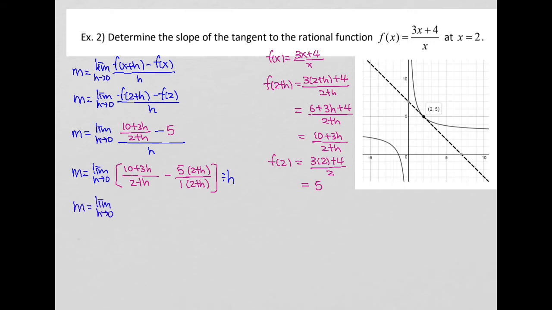The next step is to combine them into one single fraction. That'll be 10 plus 3h minus 5 times (2 plus h), divided by h, becomes times 1 over h.